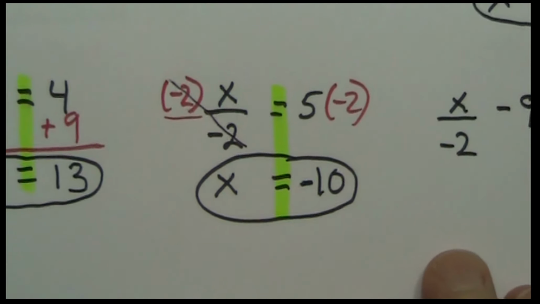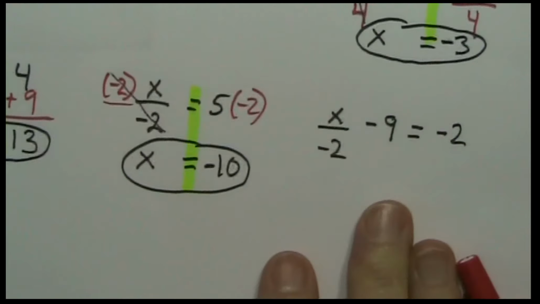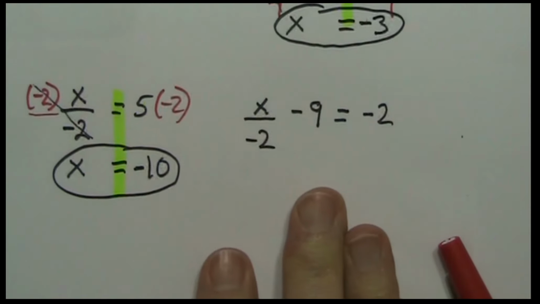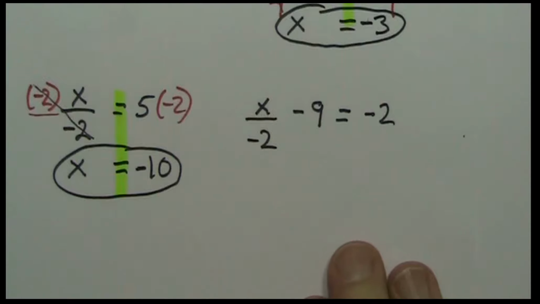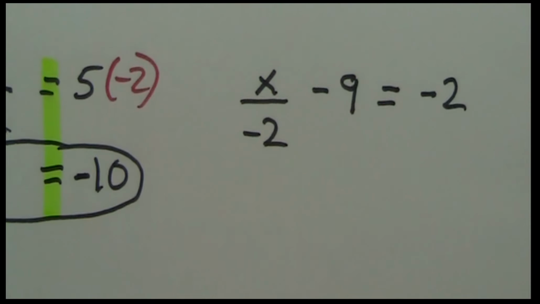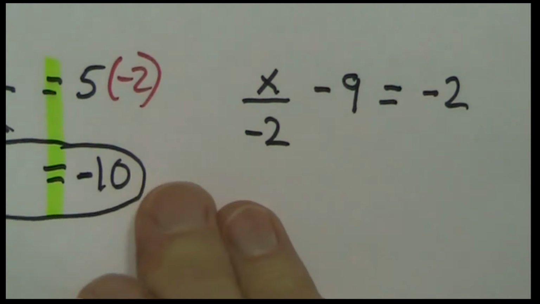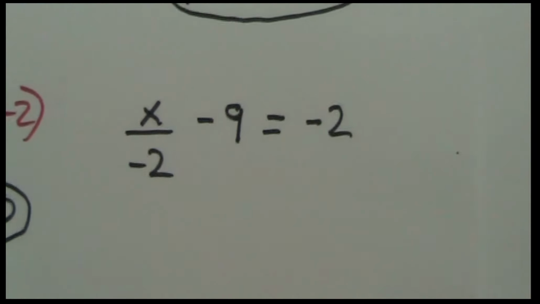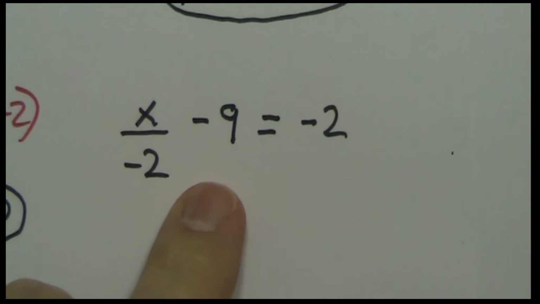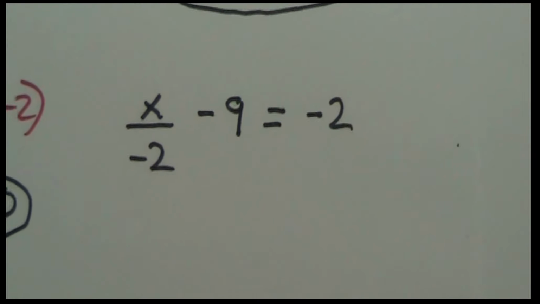All right, last one. Now we're going to take these two, put them together, and there's our two-step. Now normally two-steps you're not putting together two problems. I just want to show you what it's like.